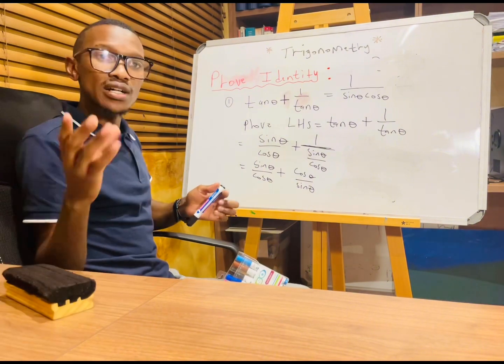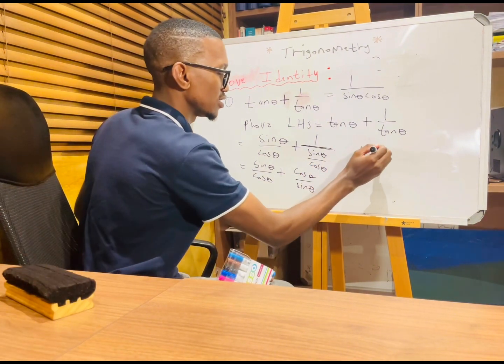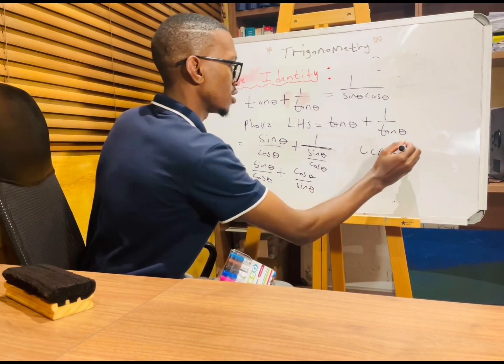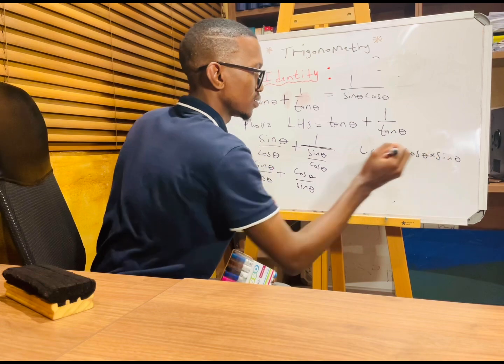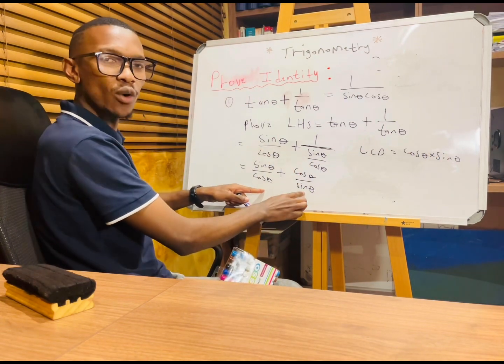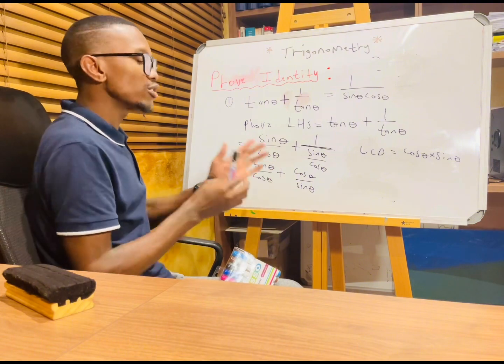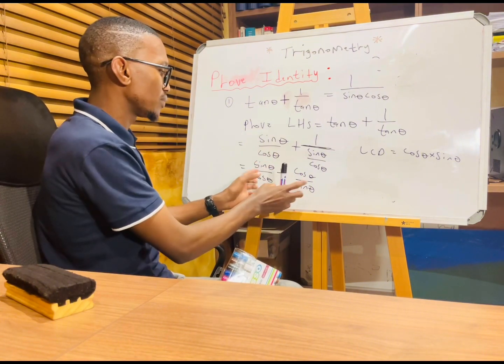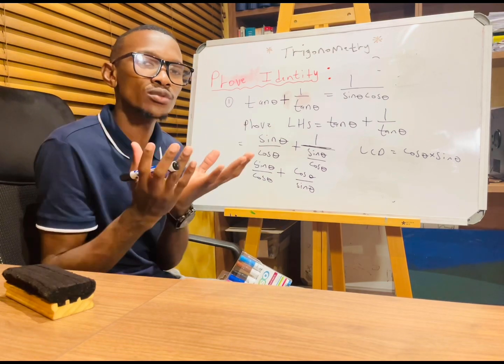Now I'm going to show you something. All right, what's going to happen here, guys, is that our LCD is basically the what? Cos theta sine theta, the multiplication of our two denominators. The goal is to make these two fractions have the same denominator. How are we going to do that?